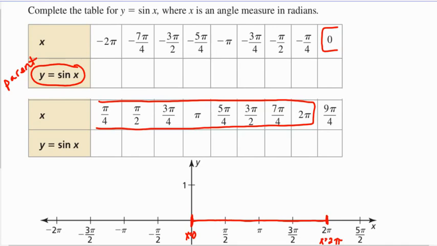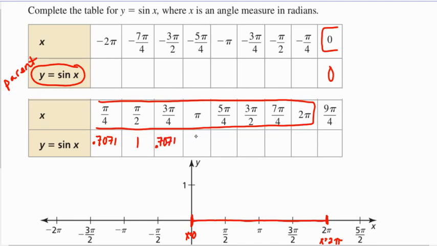You will notice that when x is 0, you plug that into your calculator, the sine of 0 radians is 0. The sine of pi over 4 radians is going to be 0.7071. The sine of pi over 2 is going to be 1. The sine of 3 pi over 4 is going to be 0.7071.